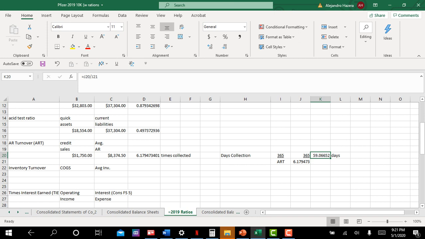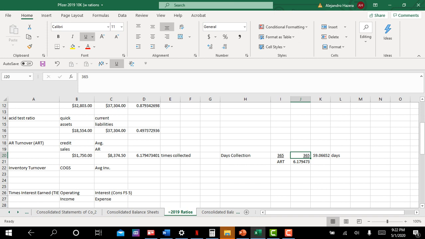Now you want this number to be as low as possible. I'm not going to say whether this is bad or good, because you really have to compare this to other pharmaceutical companies. But the lower the better. So you want the accounts receivable turnover to be as high as possible, which says you've collected your receivable balance a little bit over 6 times this year.